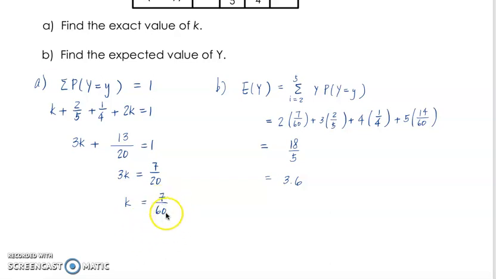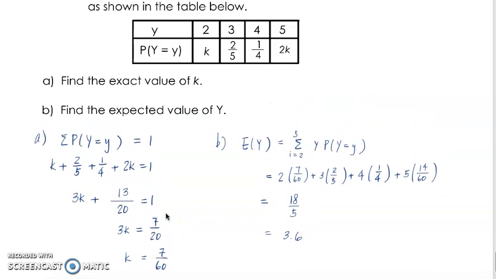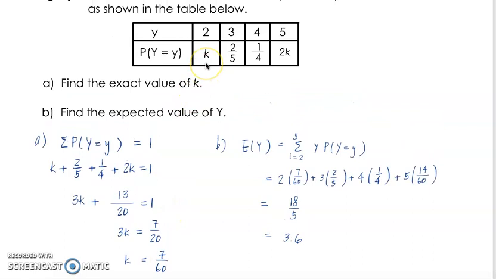So now I know what k is equal to. In a sense, I can now fill it in. So when y is equal to 2, the probability of getting that is 7/60. And then also when y is equal to 5, the probability of getting a 5 in this case would be 14 over 60.